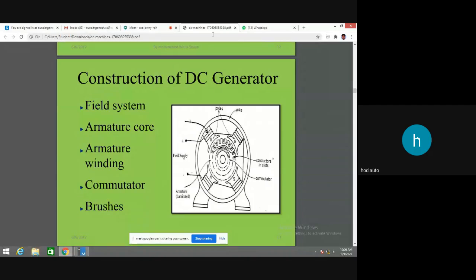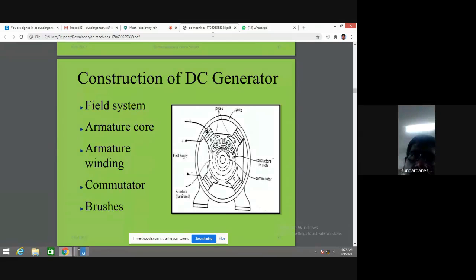HOD Automobile Engineering speaking. Yes, sir. Just a minute. Hello. So marking as option, sir. Okay, please continue, sir.